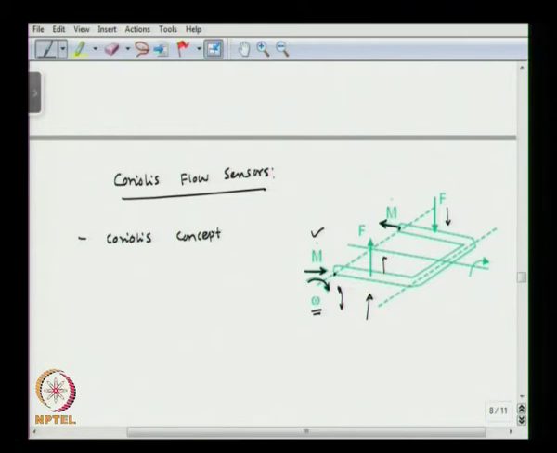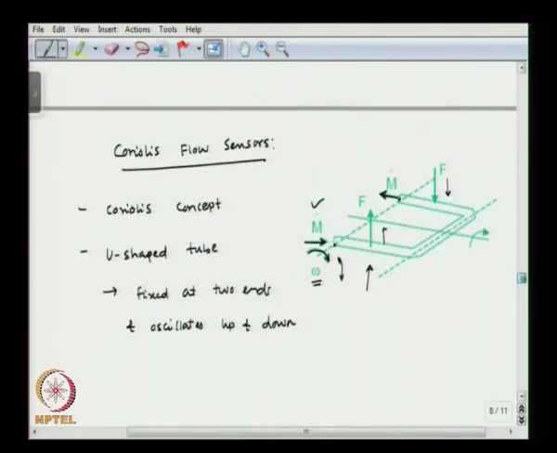concept, and we have a U-shaped tube, and the U-shaped tube is fixed at two ends, okay, and it oscillates up and down.